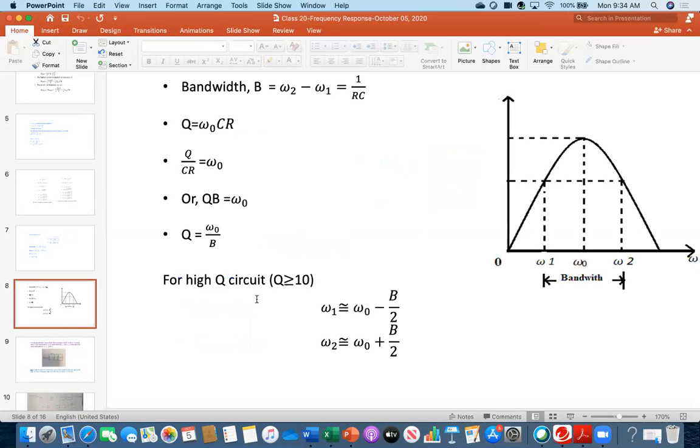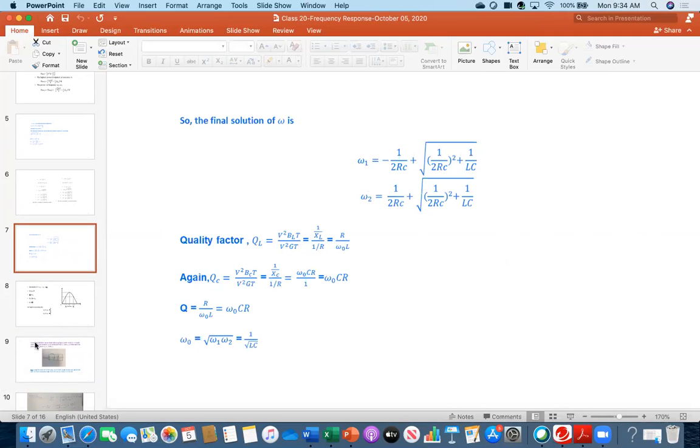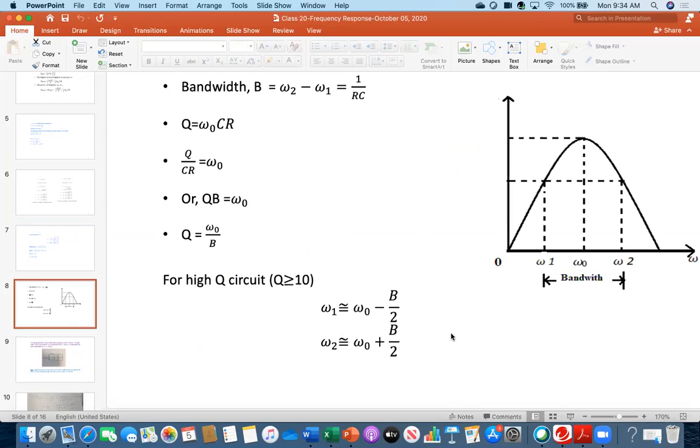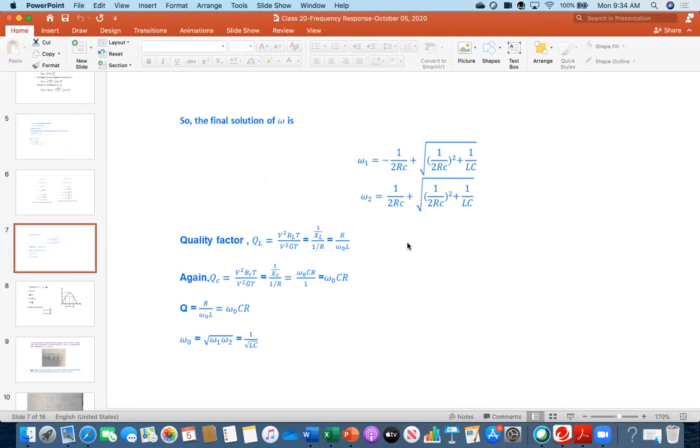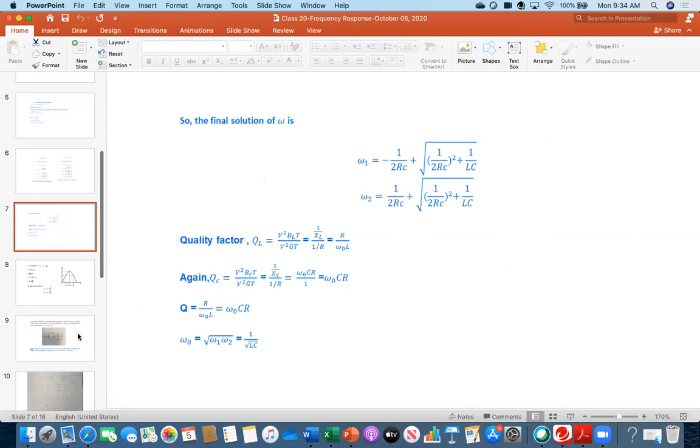That is why, if you see that Q is greater than 10, then instead of using that expression, directly use this one. That is the meaning. But if Q is less than 10, then definitely you have to use these two. Okay.